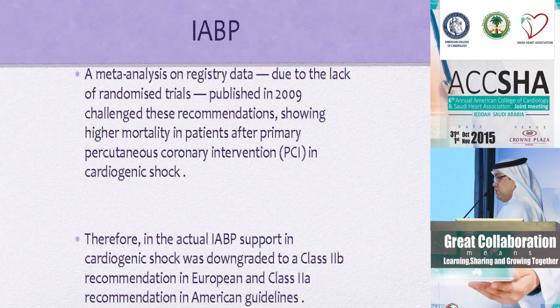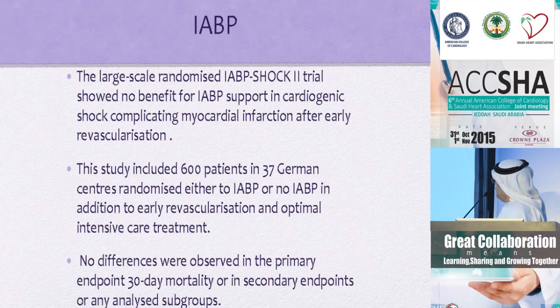And we believed that, and the American and the European guidelines put it higher in the guidelines. But when the IABP-SHOCK II trial came in, it clearly showed that there is no benefit, and this led to downgrading the intra-aortic balloon in the guidelines to a lower level.